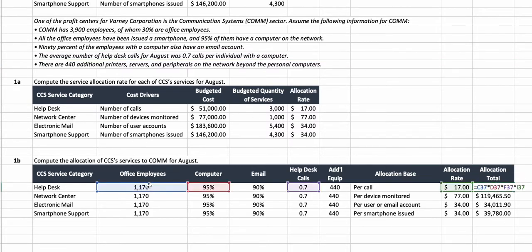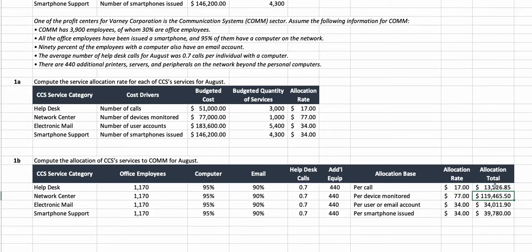So that means I need to take my universe, which is 1,170, and factor in the fact that only 95% of people have a computer. Then I want to multiply that by the 0.7 calls per individual with a computer. And then finally, I want to multiply it by the allocation method or rate, which is $17.